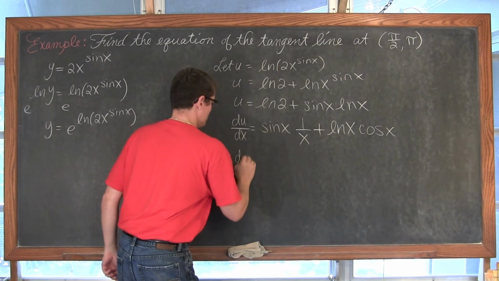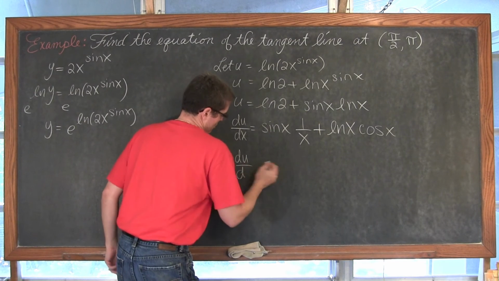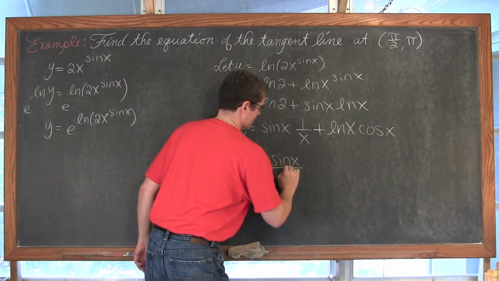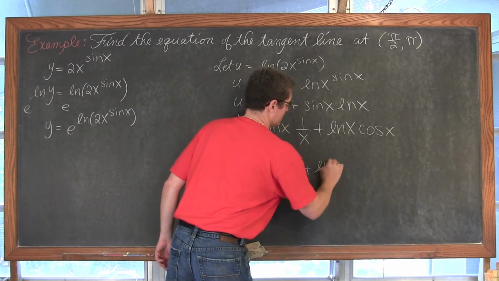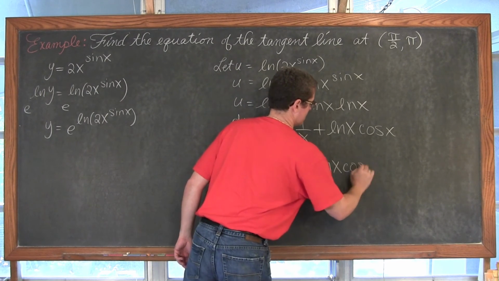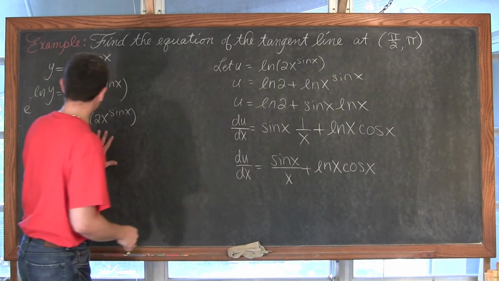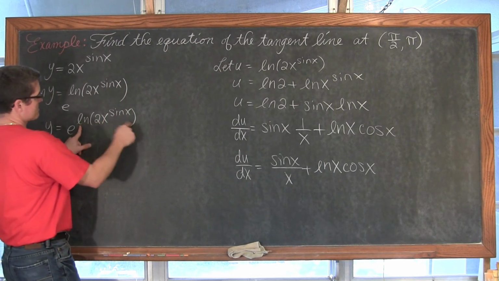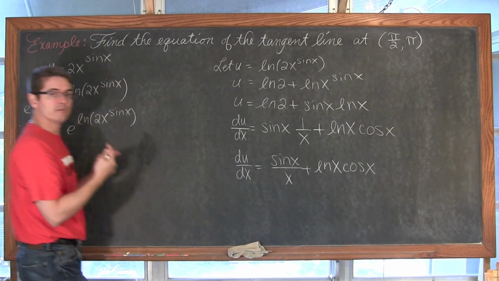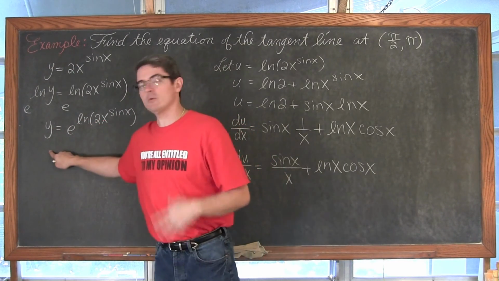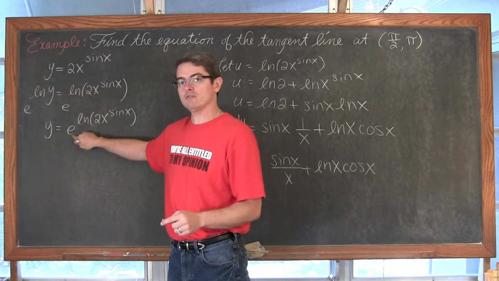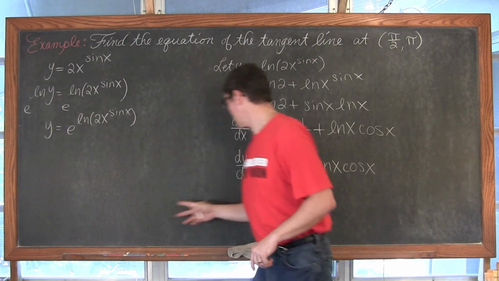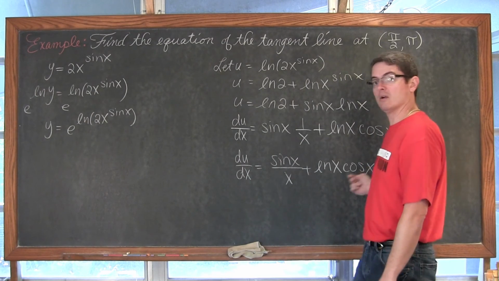So du dx, or u prime, is equal to the sine of x over x plus the natural log of x cosine of x. So coming back over here, this is my u, so I'm really just doing the derivative of e to the u, which is e to the u times, of course, u prime, which is this right here.